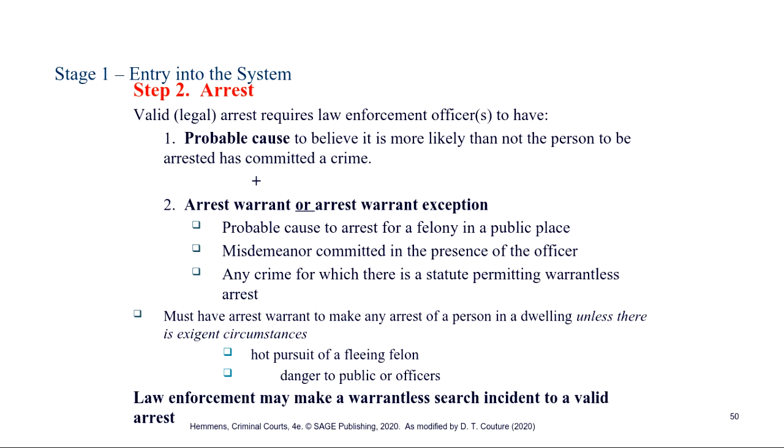But if the arrest isn't valid, then the search of that person and the area within which the person could be reached at that moment of arrest, whatever they find in that search will not be admissible in evidence. So from the very beginning, there are due process rights that have to be adhered to, and it's the job of the defense attorney to figure out, is there valid legal ground to challenge the arrest? Because if there is, some good is going to come from that from the defendant's perspective.